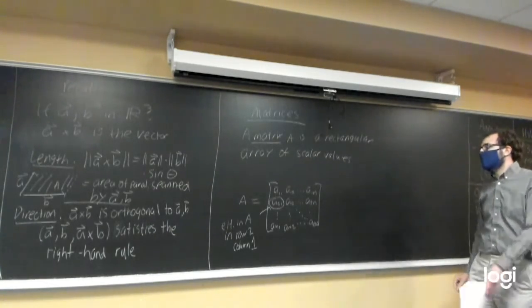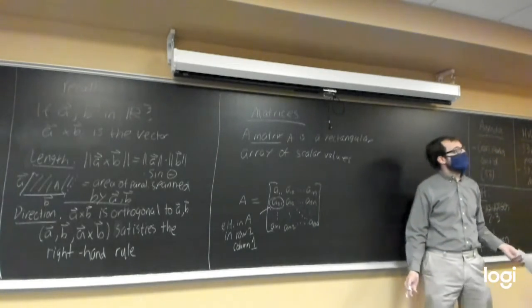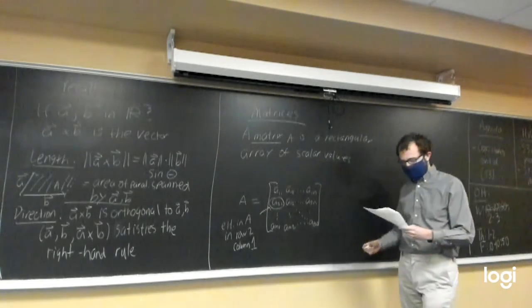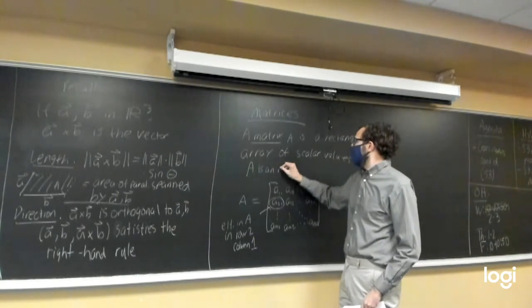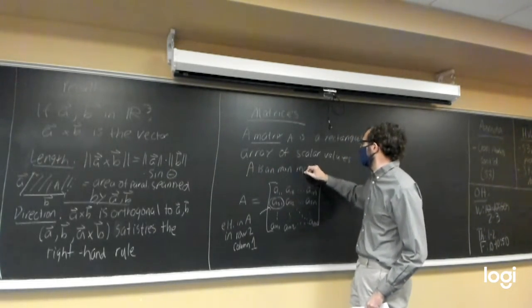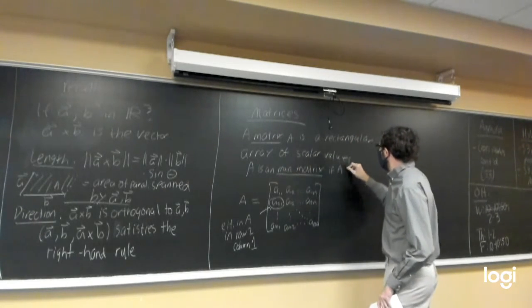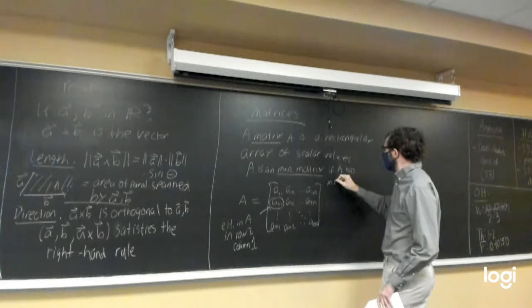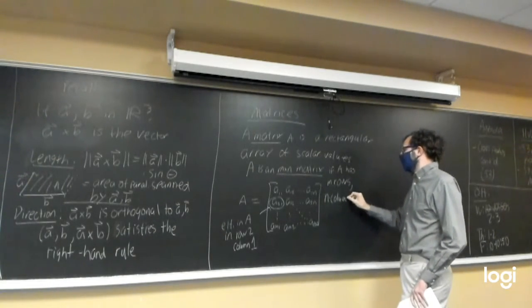And for a matrix like this that has m rows and n columns, we call it an m by n matrix specifically. A is an m by n matrix if A has m rows and n columns to it.